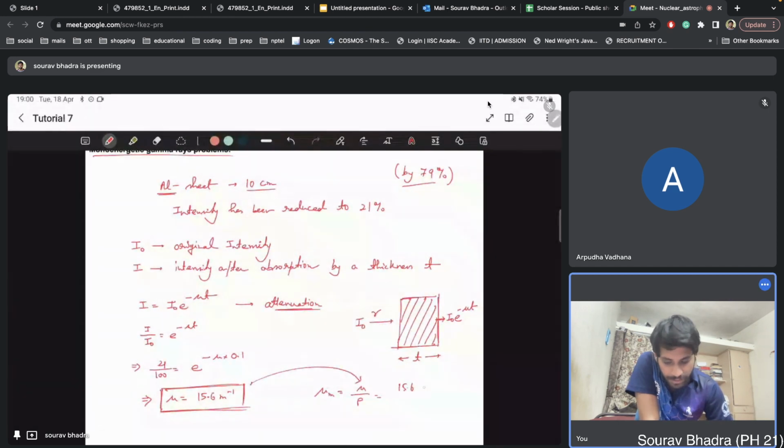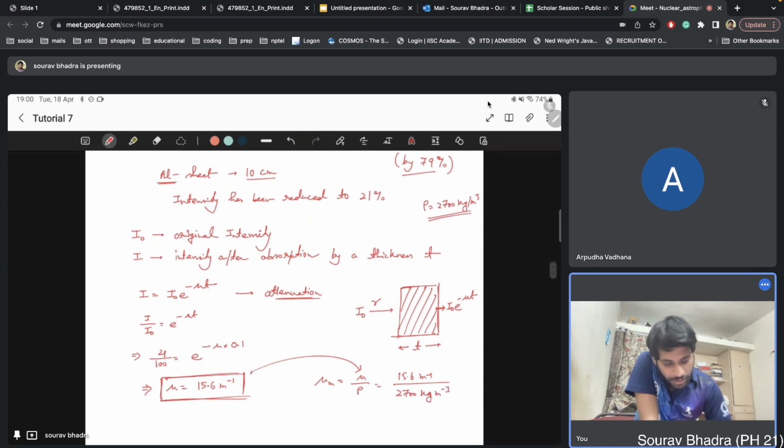So 15.6 meter inverse divided by the mass density of aluminum, which is 2700 kg per meter cube, gives 5.78 times 10 to the power minus 3 meter square per kg. This is your mass absorption coefficient.